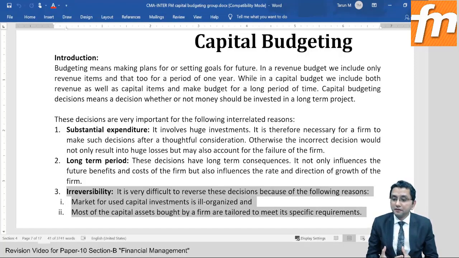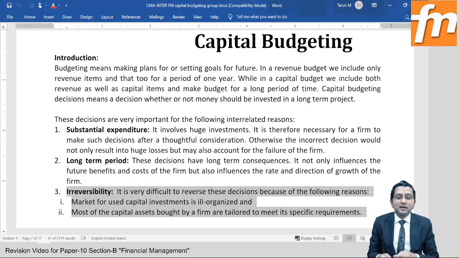But what if you start a new business, suppose manufacturing of small size cars, and you put 2,000 crore rupees of investment, and thereafter you realize that there is no huge demand for small size, cheap value cars. So it is not easily reversible.